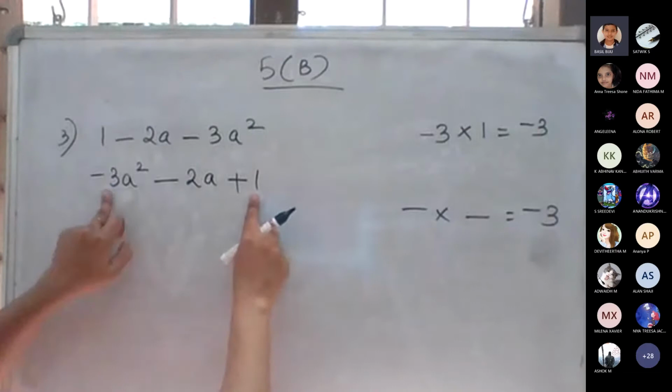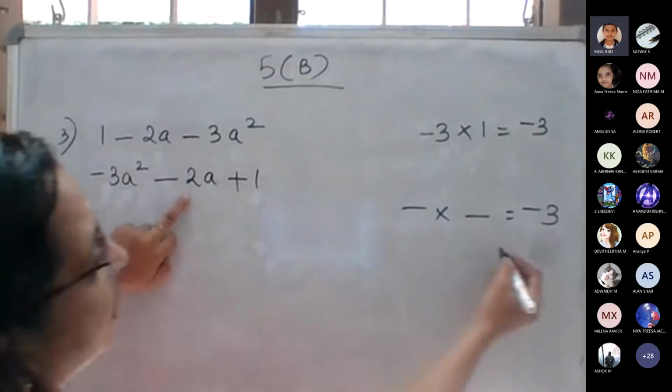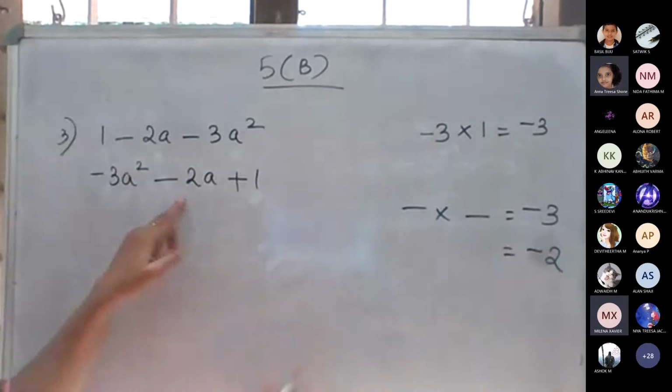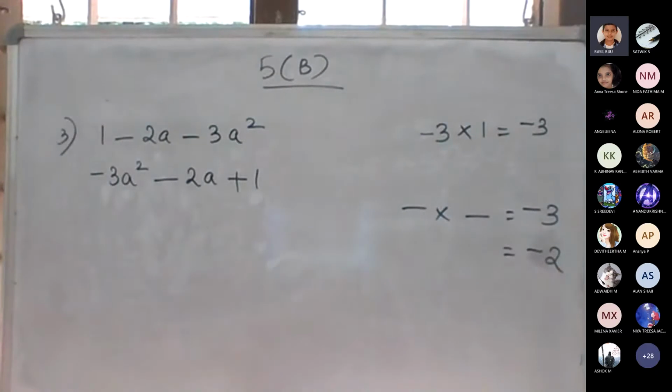Then if we add or subtract, we want to get which one? Negative 2. So 3 and 2, that is easy, no?